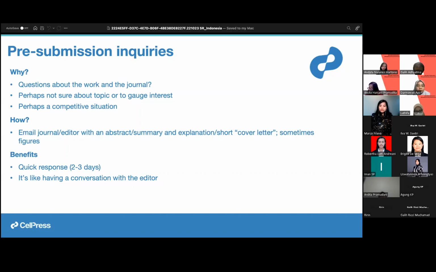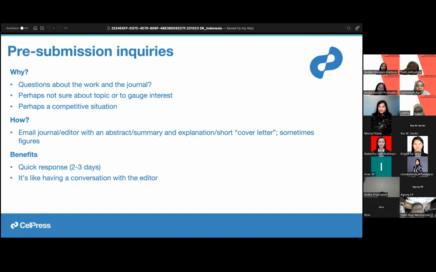So if you want to send a pre-submission inquiry, how would you do it? All journals will list some kind of contact information for a pre-submission inquiry. There'll be an email address that you can send them to, or you can directly contact the editors. Our contact information is also listed on the journal's homepage.